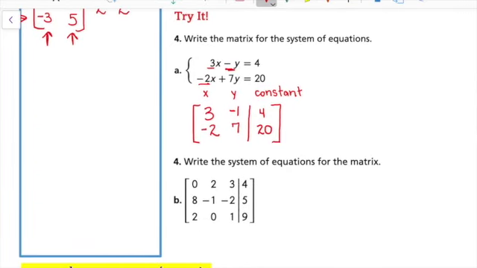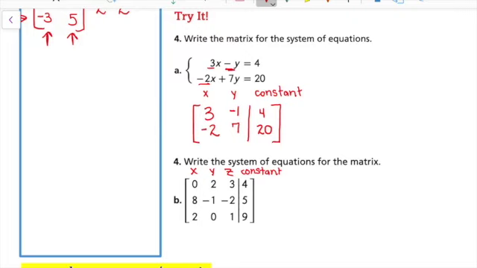So what if I wanted to go the other way? Like I'm given the matrix, what does my system of equations look like? Well, again, we go in order. This time x, y. I've got an extra column here. The last column's always the constant. So that means that the third column is z. If you like a, b, c better than x, y, z, that's okay.